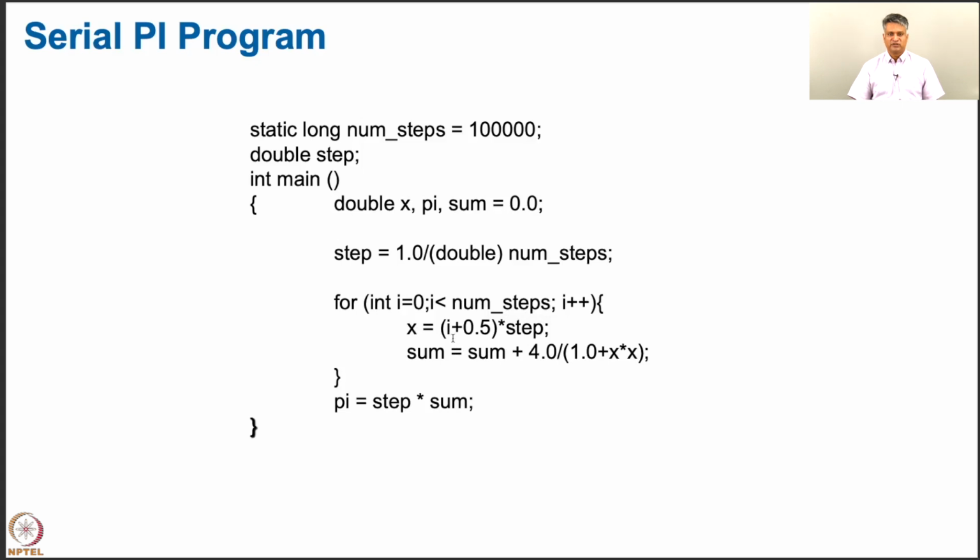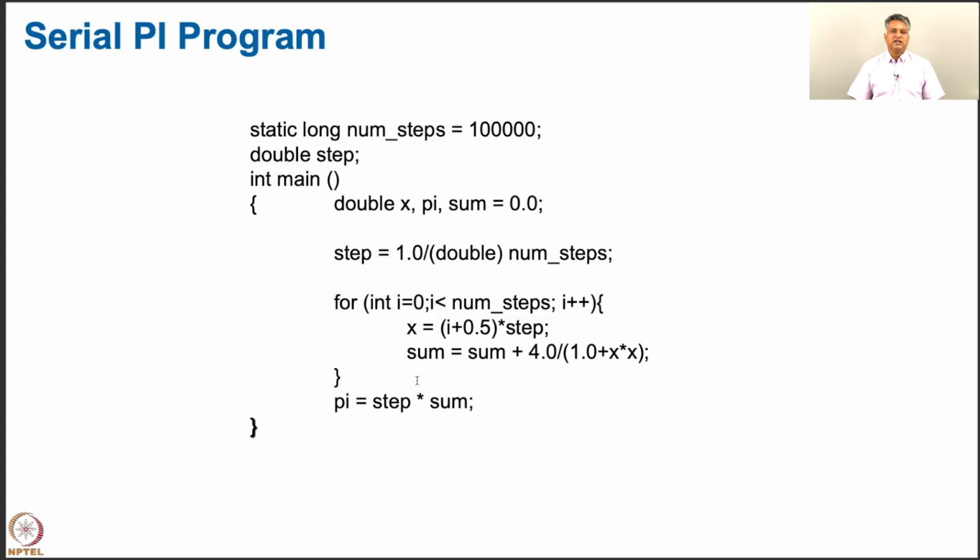And for each of those steps, I will figure out what my x value is, then figure out what the functional value is, and add it to this sum. And then finally, pi is the step size multiplied by the local sum of these functional values. So this is how I would compute serially.